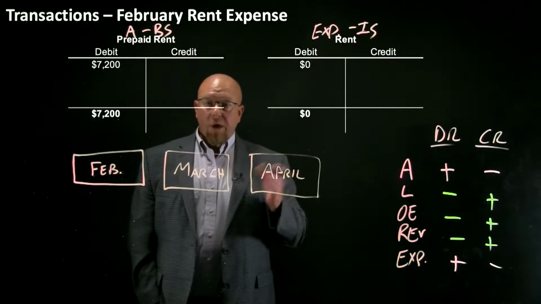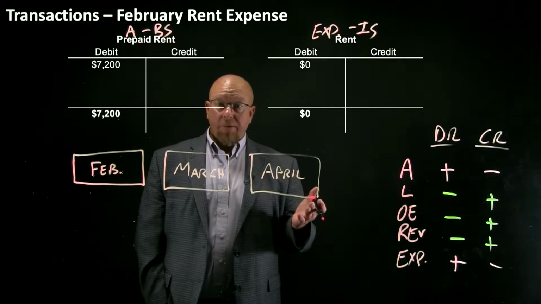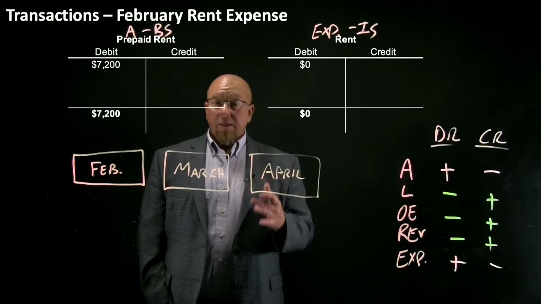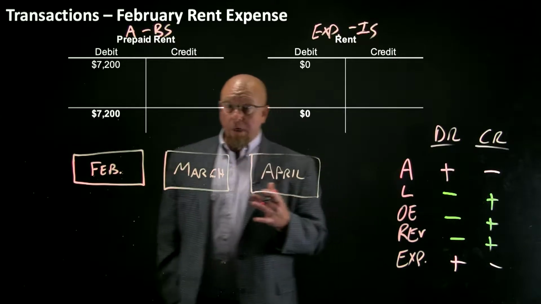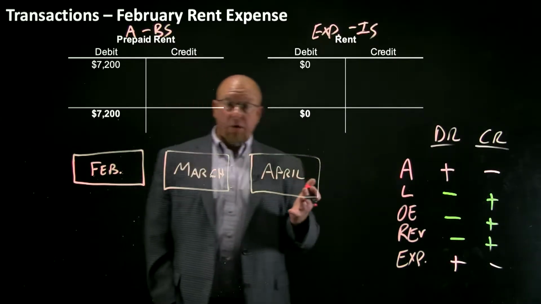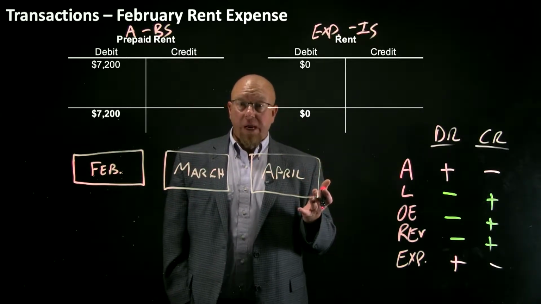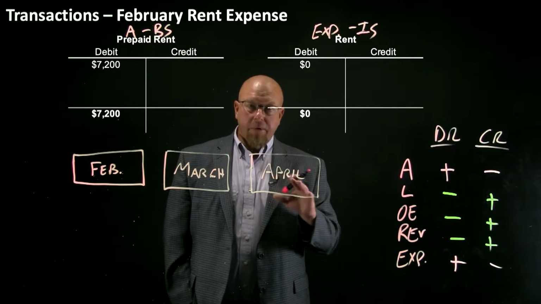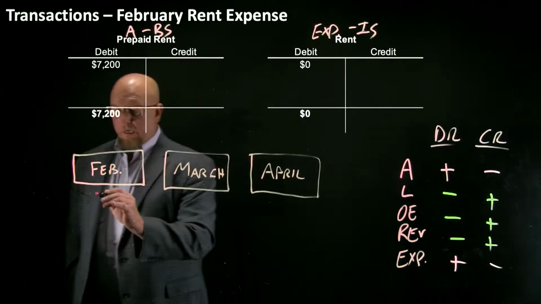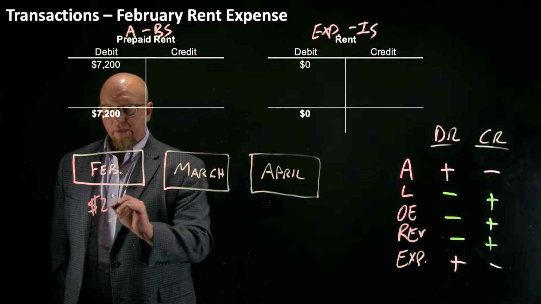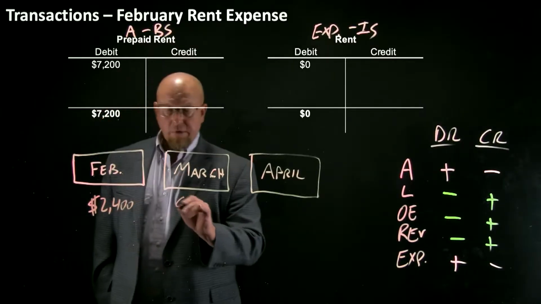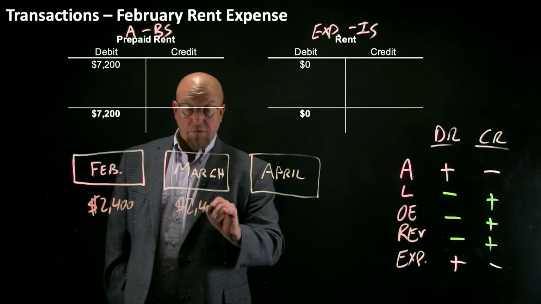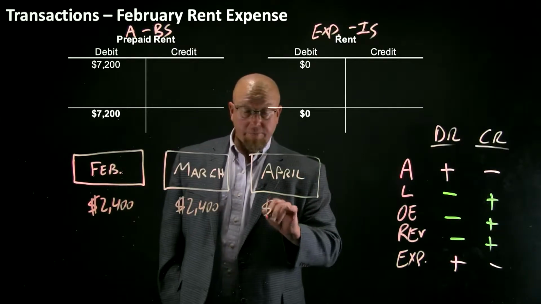You might recall if you watched a previous video that we had prepaid rent of $7,200. That's because during the month of January, we wrote a check to our landlord for $7,200, but it didn't really apply to the month of January. So what we're doing here is we're recognizing the fact that rent expense in this particular example is really $2,400 per month.